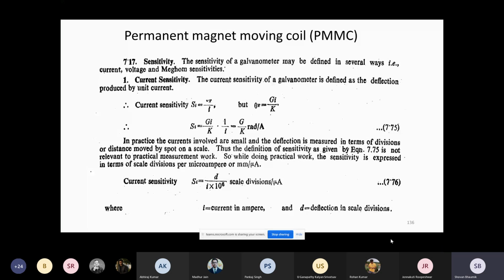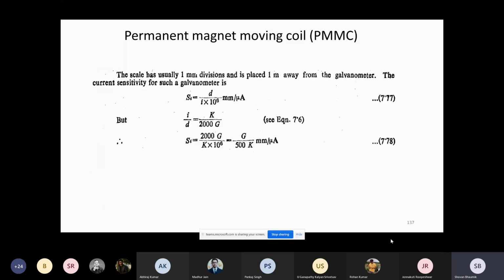Here I is the current in ampere, small d is the deflection in scale divisions, and the unit of current sensitivity is millimeter per microampere, so it is very sensitive. The scale is generally 1 millimeter division, not less than that, and it is placed 1 meter away from the galvanometer. So the current sensitivity we can write as small d by I into 10 to the power 6.